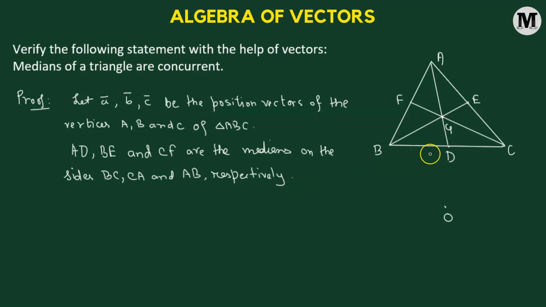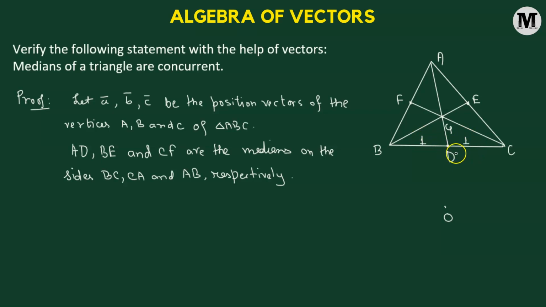Now, our next task will be to find the position vector of the points D, E as well as F. We'll start with the position vector of the point D. Since AD is the median on BC, it means that D divides BC in the ratio 1:1. So here we can use the section formula.